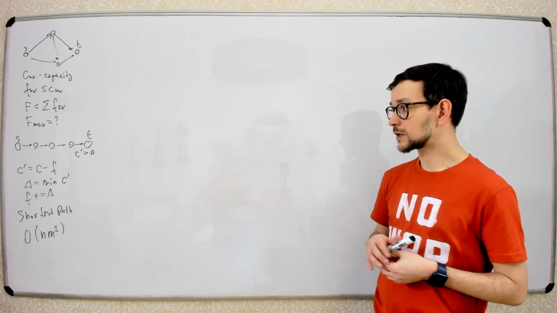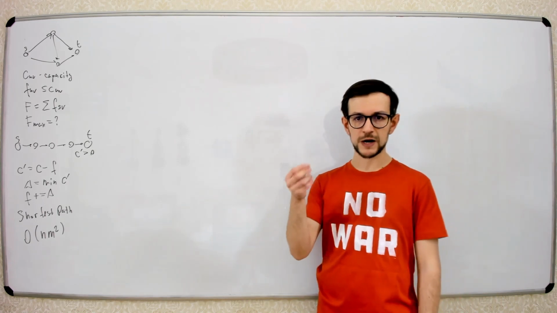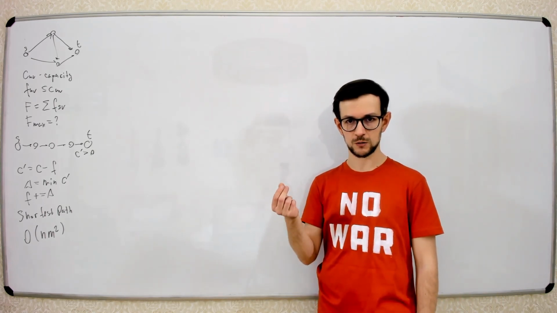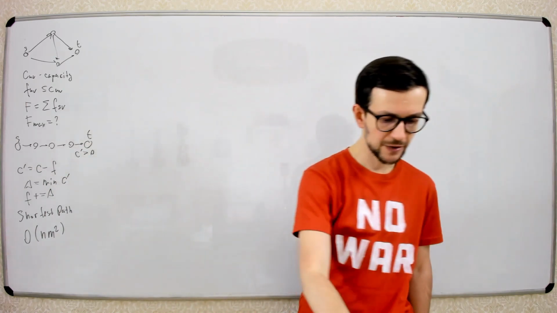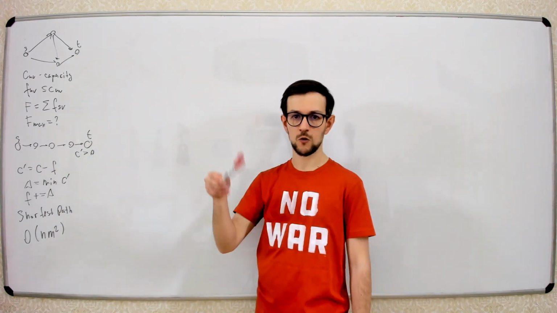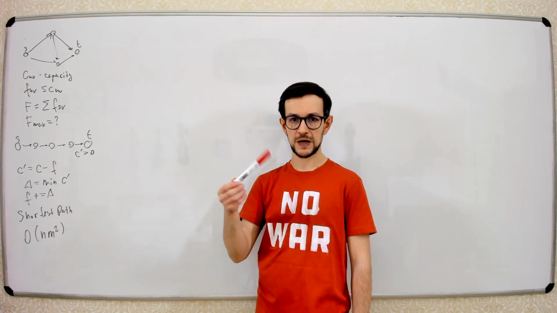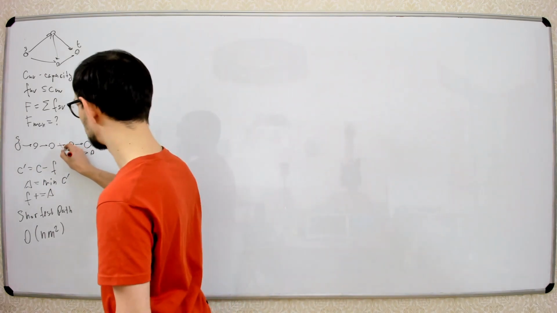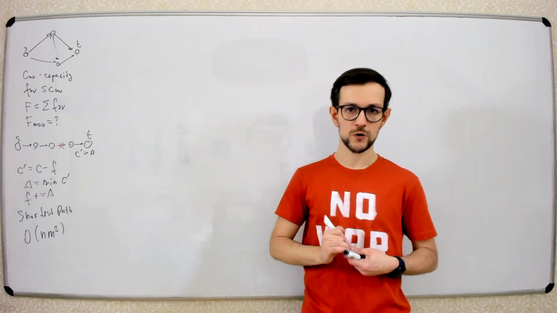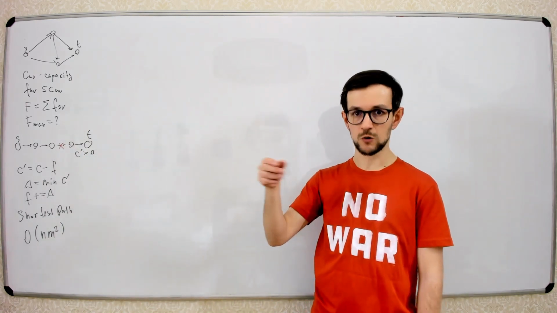The key idea is each time we make at least one edge equal to 0. When we find the minimal edge on this path and then increase the flow by this delta, this minimal edge will become 0. So at least one edge will be removed from the residual network after you increase the flow by this path.